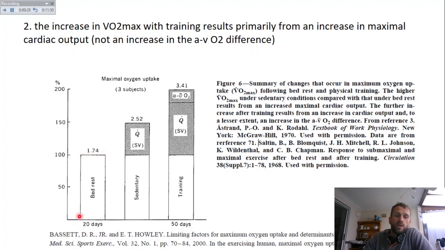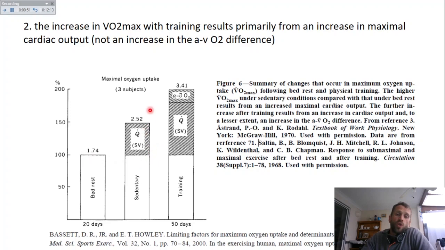In these individuals, we set them at a baseline of 100%. If we compare them to when they were sedentary, we can see that their VO2 max, here on the y-axis, increases by about 50%. So there's about a 50% increase in VO2 max when you compare somebody who's just sedentary but moving around to the same people in bed rest.